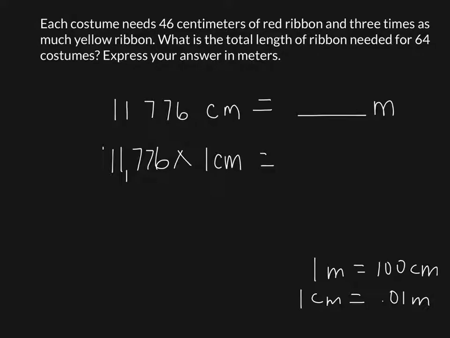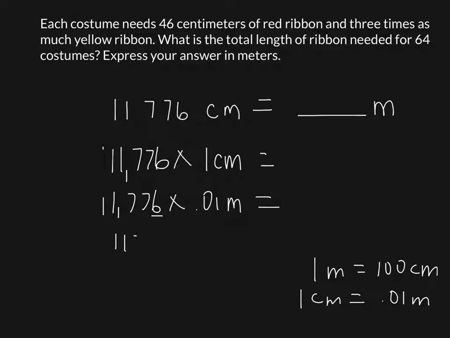And I'm going to turn those into meters. So it's 11,776 times 0.01, or 1/100th meter. And when I multiply 11,776 times 1/100th, that means that this 6 is now going to be in the hundredths place.